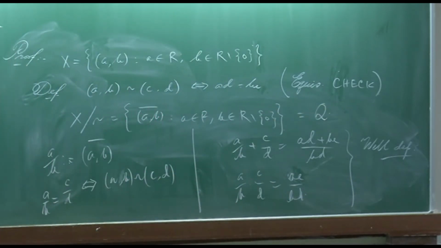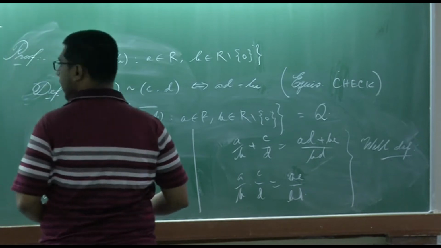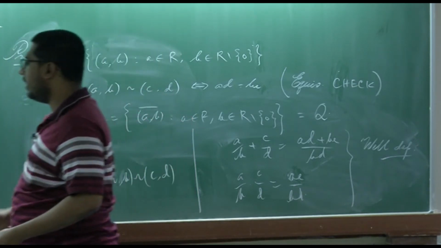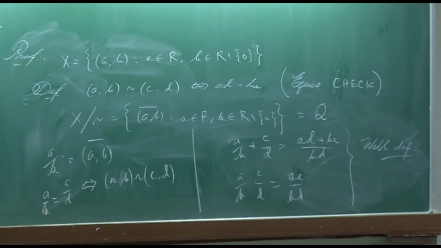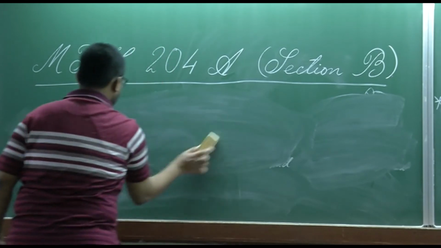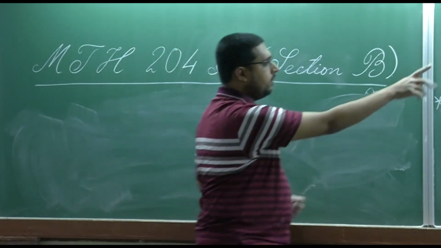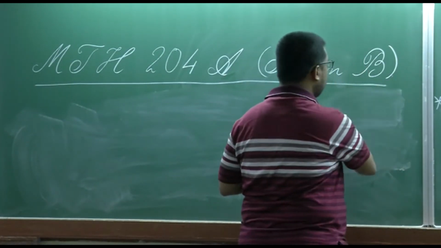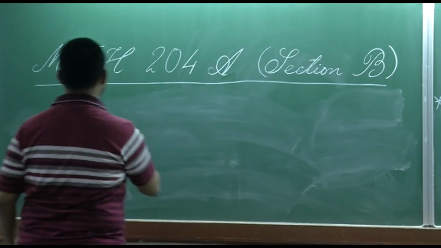So, this is the field Q. Next, we have obtained a field Q, and the next thing is we have to show an inclusion I.